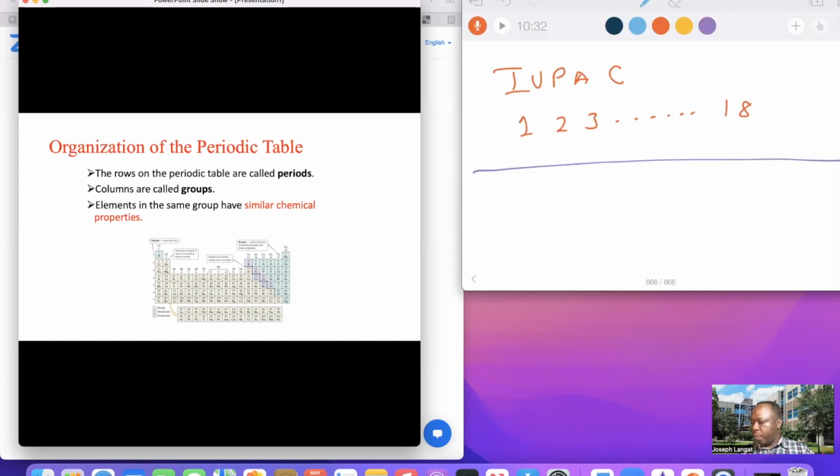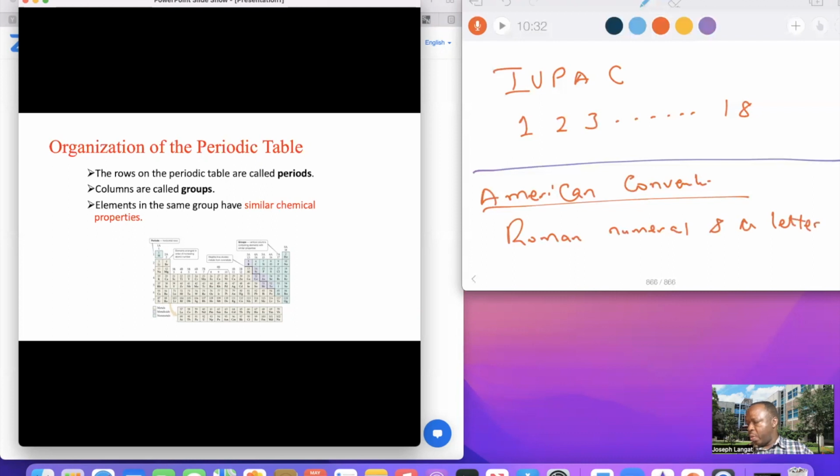While the American convention uses a Roman numeral and a letter, A or B. For example, you will see 1A, 2A, 3A, all the way up.